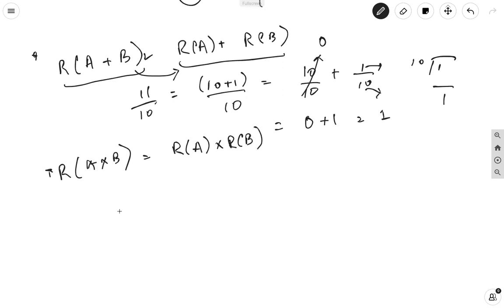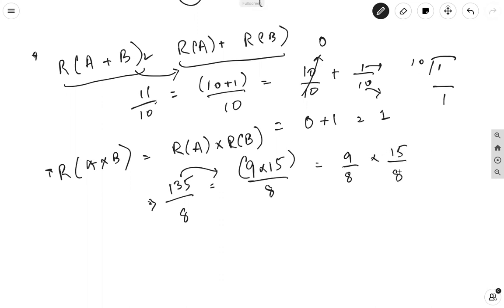For example, we have a number 135, and if we divide this by 8, just for the sake of example, if we open this, this is like 9 into 15 divided by 8, right? We can also write this as 9 into 15 over 8.